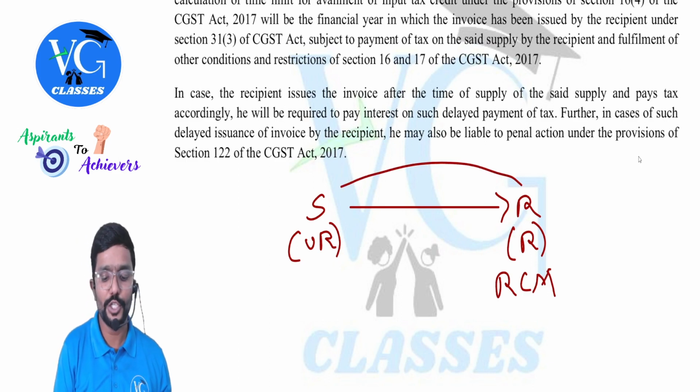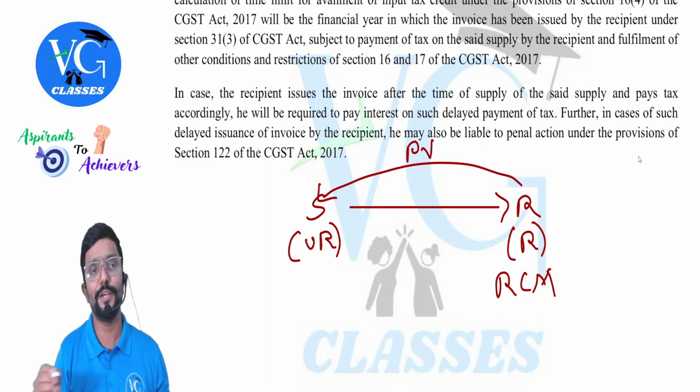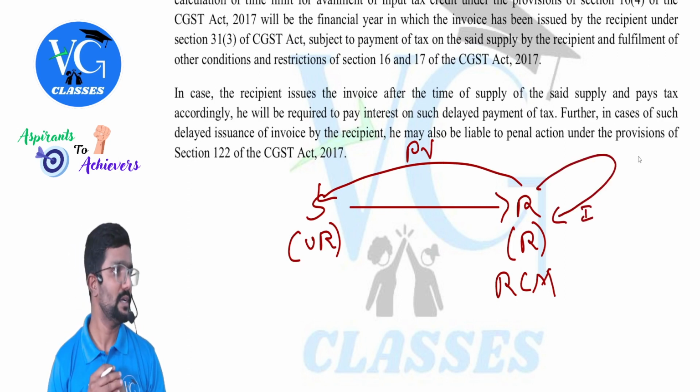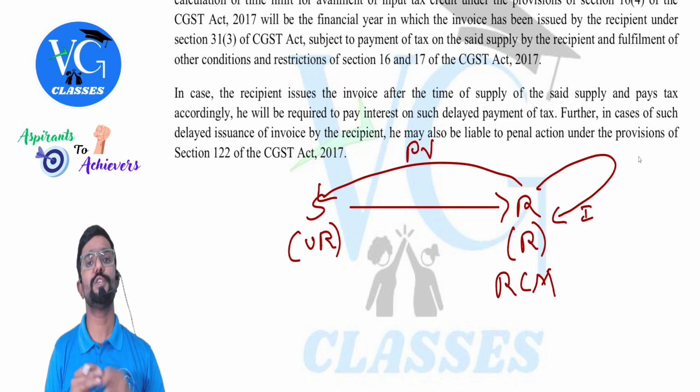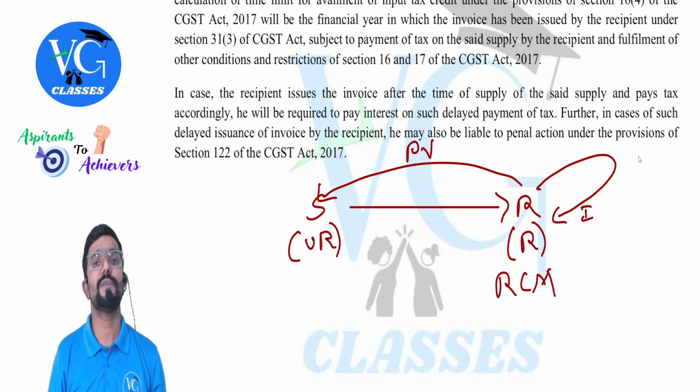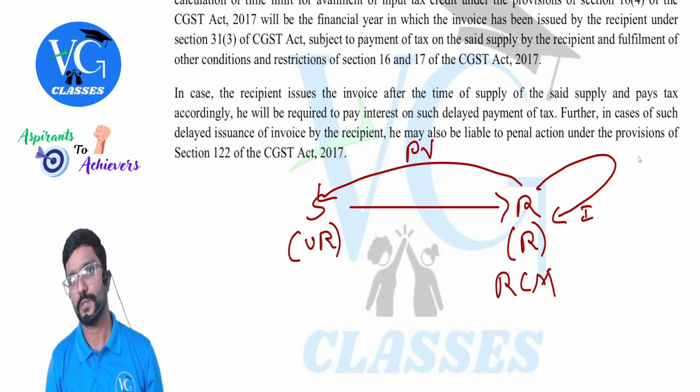Yes, he has to issue one document to the supplier. What is it? Payment voucher. And he has to issue one document for himself, which is an invoice. Actually, self-invoicing. Clear? And what is the due date to issue this self-invoice for the recipient himself? 30 days, from receiving the goods or services.